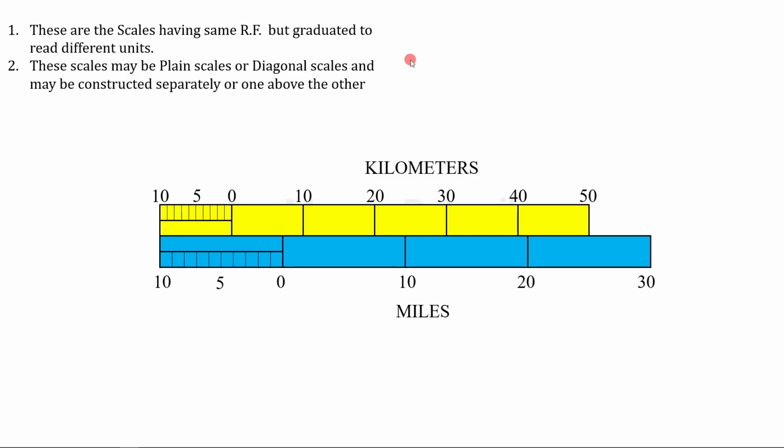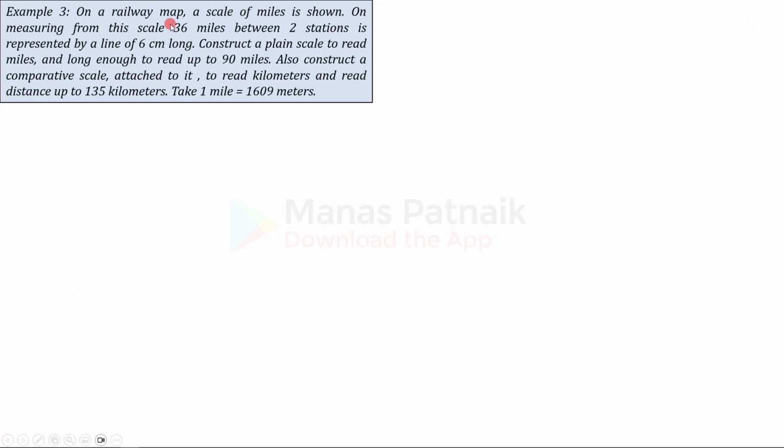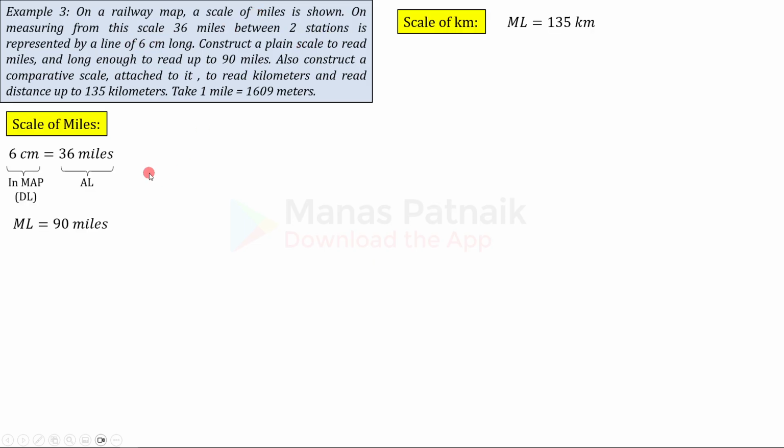And now let's make the switch to the problem description. On a railway map, a scale of miles is shown. On measuring from the scale, 36 miles between two stations is represented by a line of 6 centimeter long.